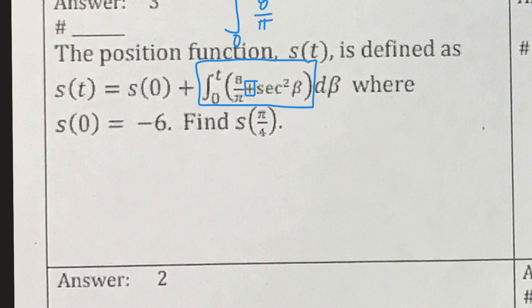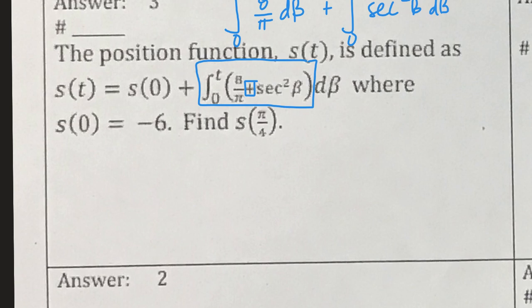So the sum of 8 over pi d beta plus the integral of secant squared beta d beta from 0 to t. That's one of my properties of integrals. Since I have a sum inside of my parentheses, I can split that into the integral of that sum, or the sum of those integrals.